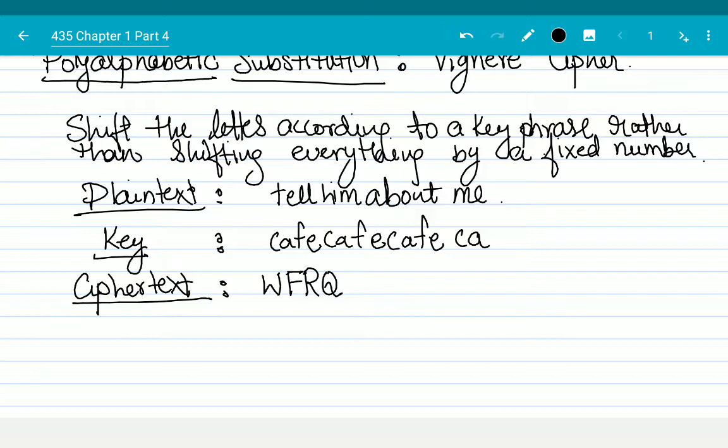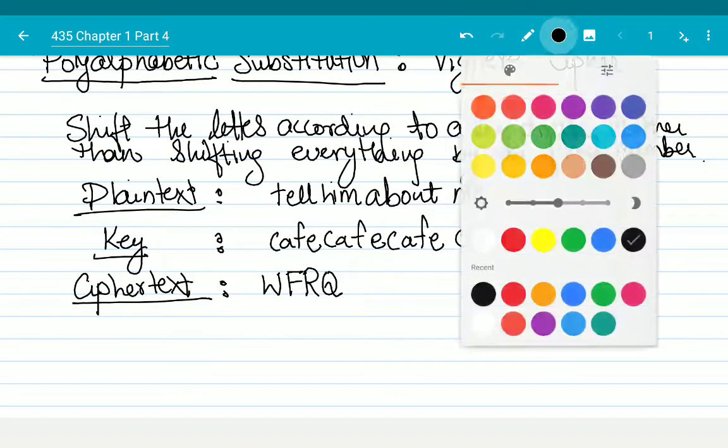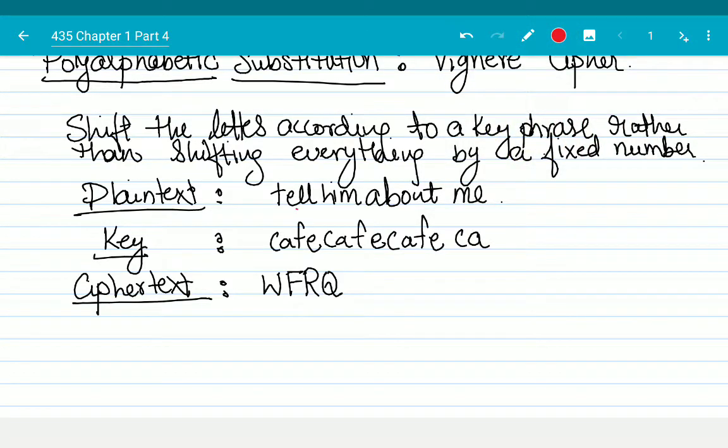And so that's the first very big difference that we are seeing here. Even if my plain text had both of them as L's, both of these letters were the same, these 2 letters are now different. Looking at the ciphertext, it's no longer that the same letter is being replaced by the same thing.